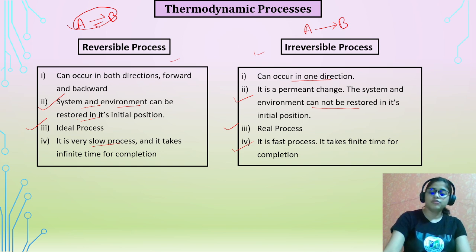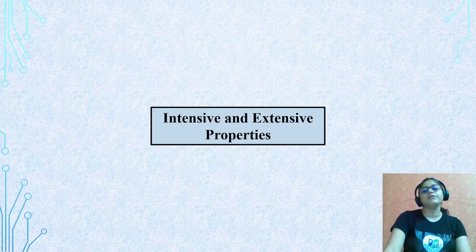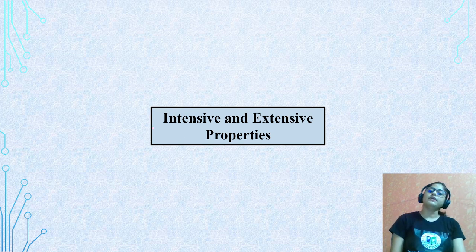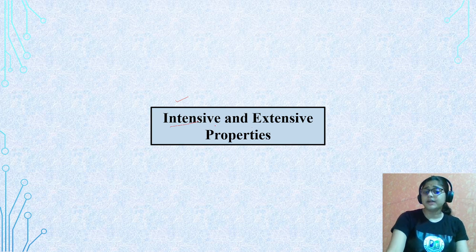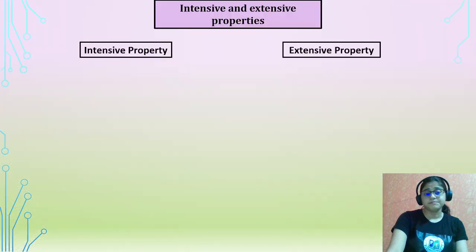Now we will come to intensive and extensive properties. We are reading and understanding the basics of thermodynamics, so you should understand these kinds of terms. What are intensive and extensive properties?